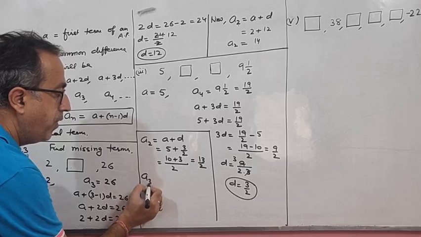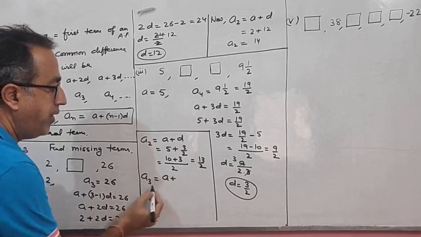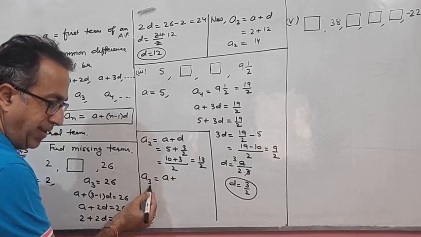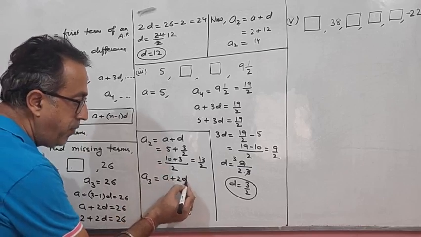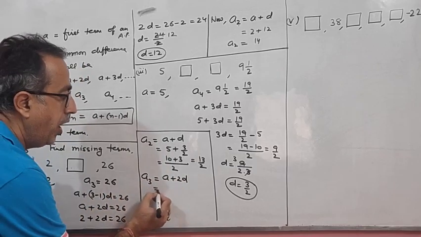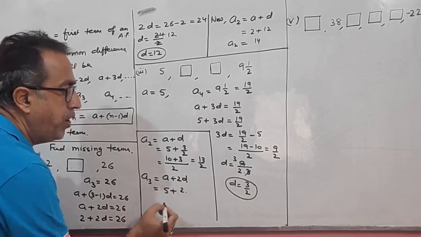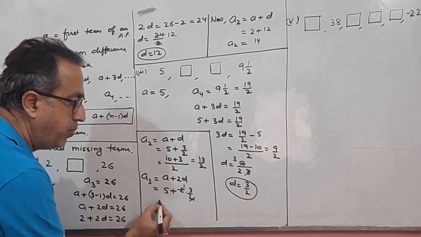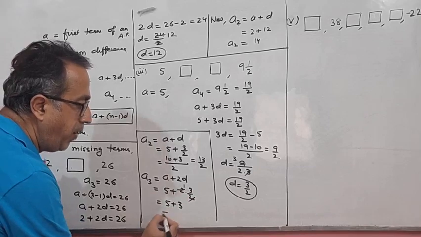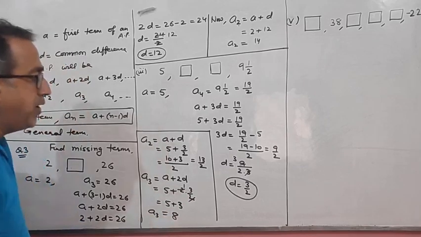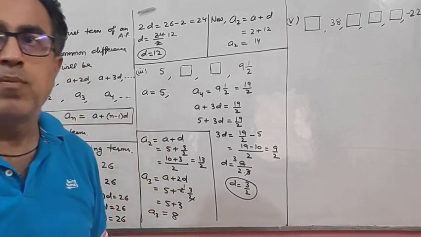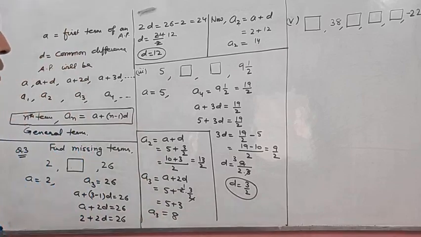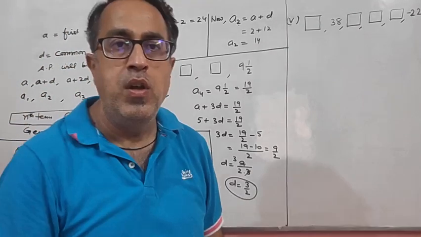For the third term, the formula is A plus 2D, 1 less than this number 3. A plus 2D. A is 5. 2 into D, the value 3 by 2. 2 1s are 2. This is 5 plus 3, 8. So these are the 2 missing values. The second and third we can find by this method.